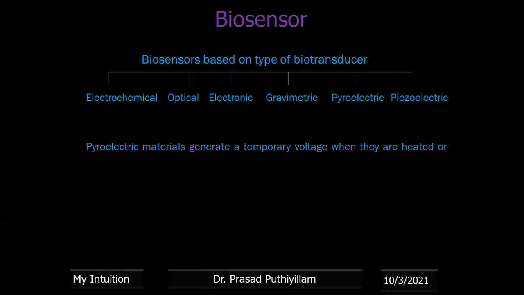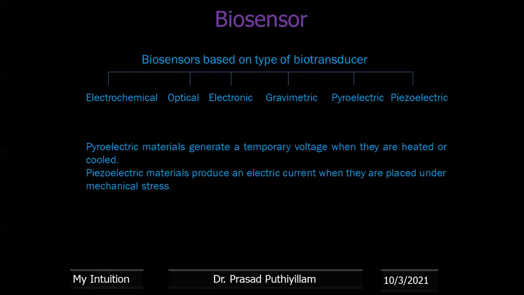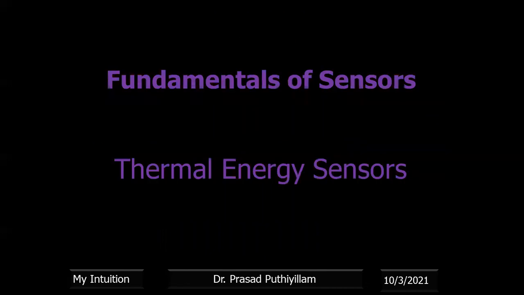Pyroelectric and piezoelectric, you might have already studied. A pyroelectric material generates a temporary voltage when heated or cooled. Whereas piezoelectric material generates electric current based on mechanical stress, that is, under pressure, mechanical stress. If it is there, then it will generate.